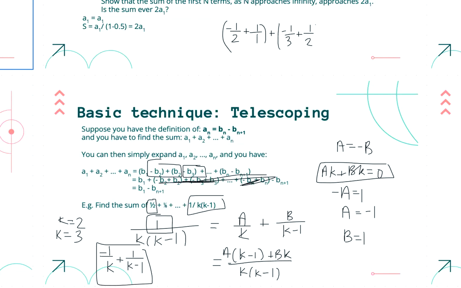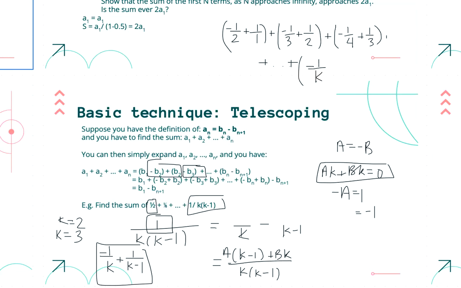And then we can keep on doing that, and so on, and then we get negative 1/k plus 1 divided by k minus 1.